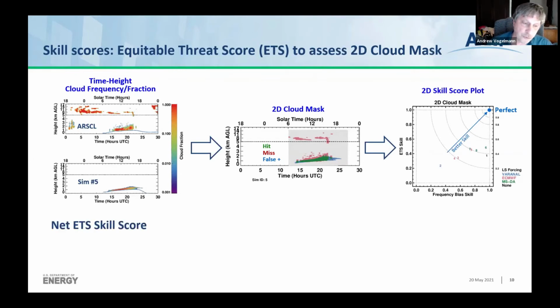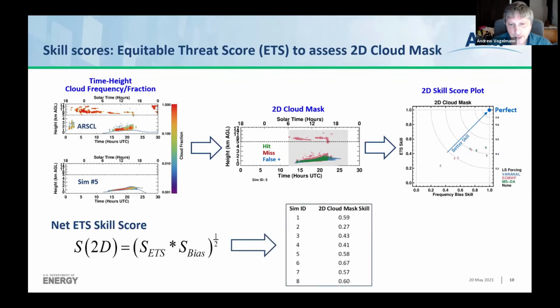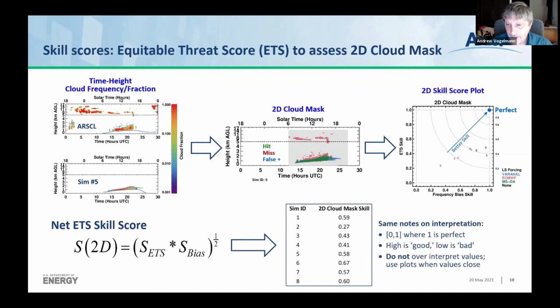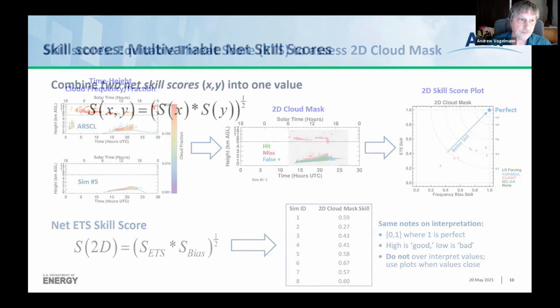Similar to what we did before, we want a single value. We don't want to have to look at every single plot. And we basically use a very similar equation that allows us to generate a similar table that includes the 2D mask skill. And I'm just repeating here, same notes on interpretation. Do not overinterpret the numerics, but look for the higher values versus the low. The 2D mask skill is going to be used in future metrics.